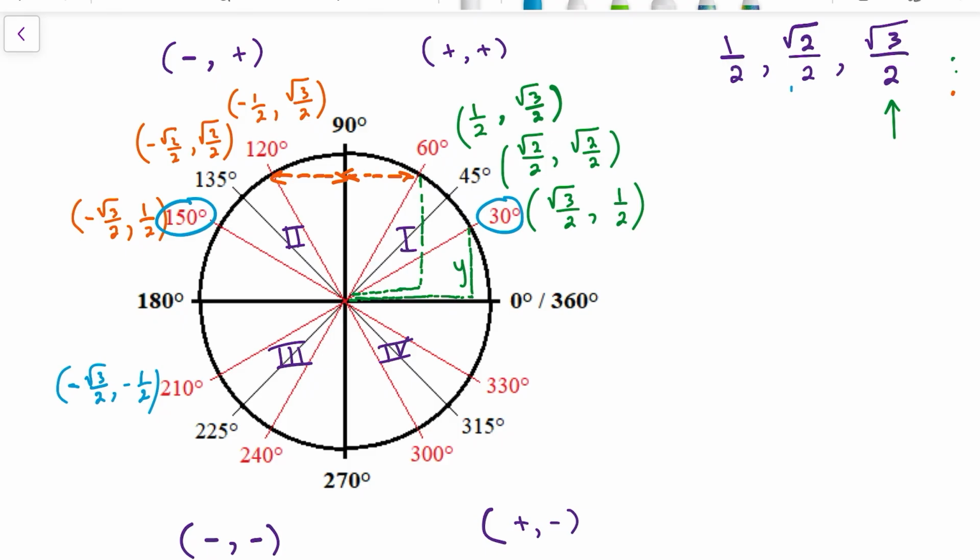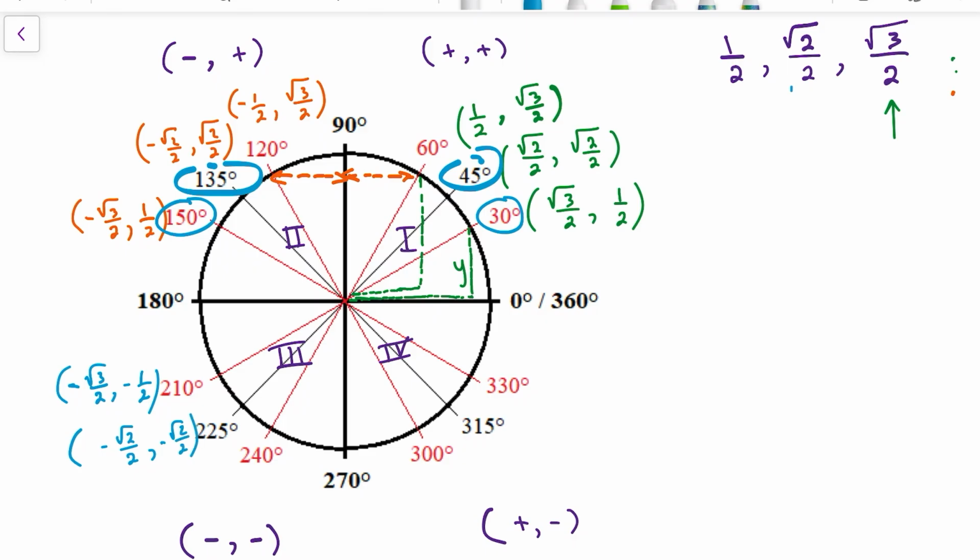Now for the 225 degrees, which is the same as the 135 degrees, same as 45 degrees. You can see the distances are exactly the same. So I'm going to have a negative root 2 over 2 and a negative root 2 over 2 for sine.